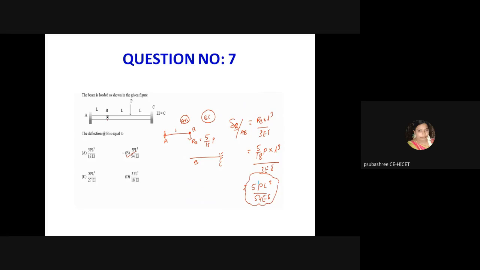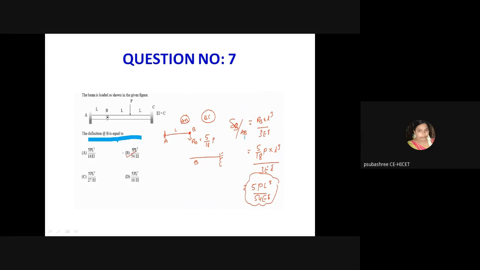The beam is loaded as shown in the same question, but only one thing is different. In the previous question, we calculated the redundant reaction at B. Here, the deflection at B is unknown.